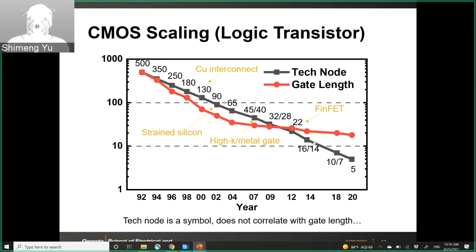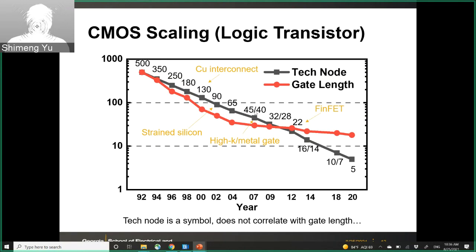And here we highlight some of the key innovations introduced in certain technology nodes. For the 130 nanometer node, the industry switched from aluminum interconnect metal wires to copper, because copper has lower resistivity. In 90 nanometer, strained silicon was introduced to the channel to improve the mobility.